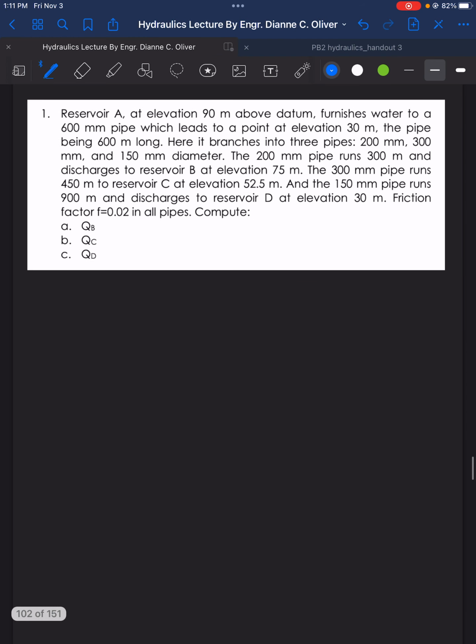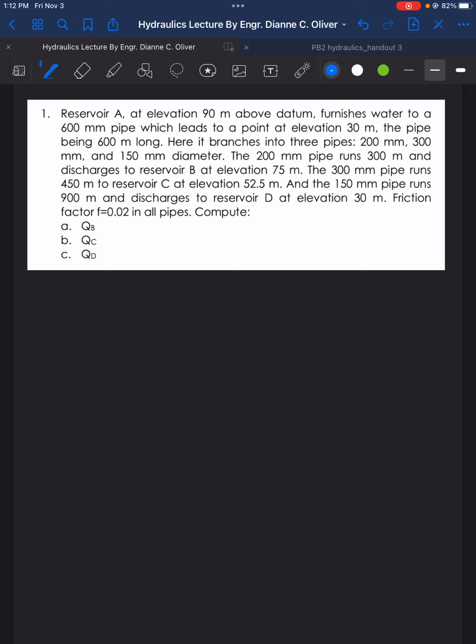So we have example number 1: reservoir A at elevation 90 meters above datum furnishes water to a 600 mm diameter pipe, which leads to a point at elevation 30 meters, the pipe being 600 meters long. Here, it branches into 3 pipes, the 200 mm diameter, 300 mm diameter, and 150 mm diameter.